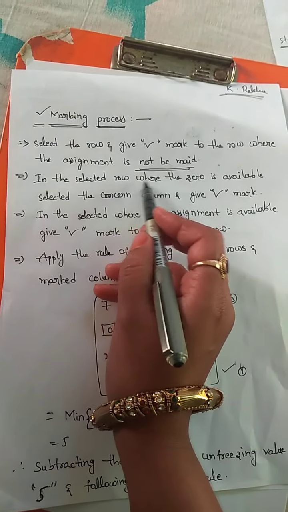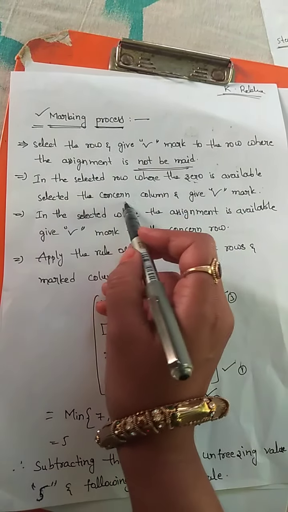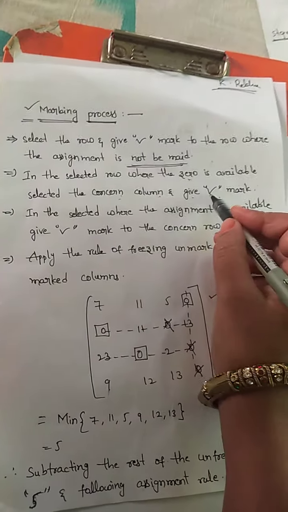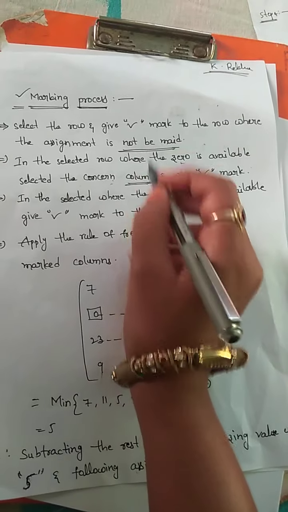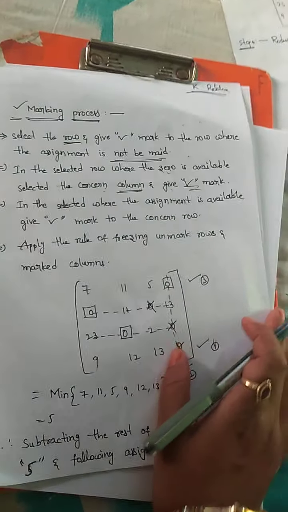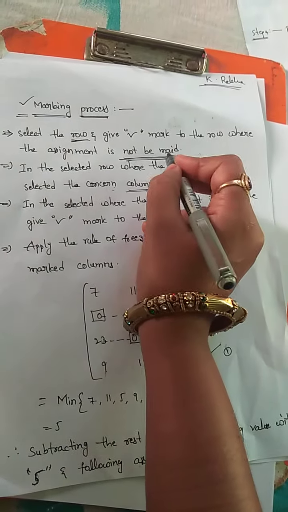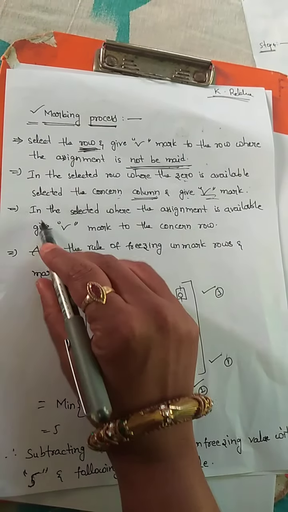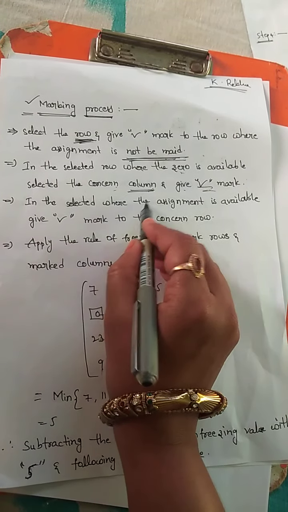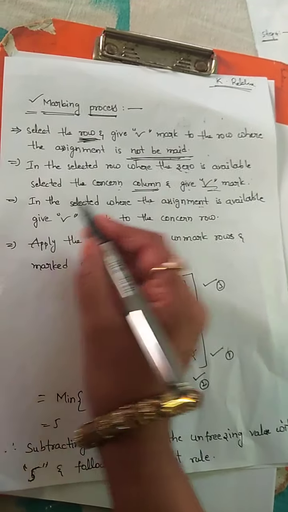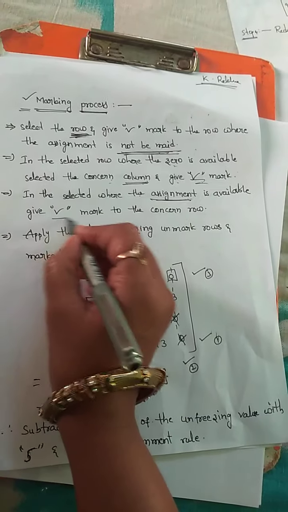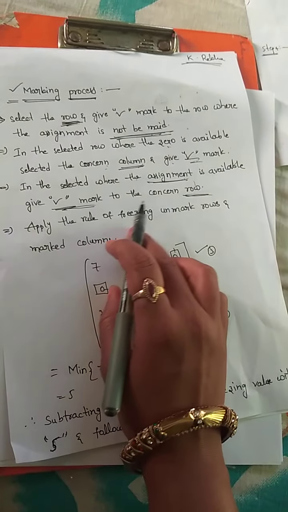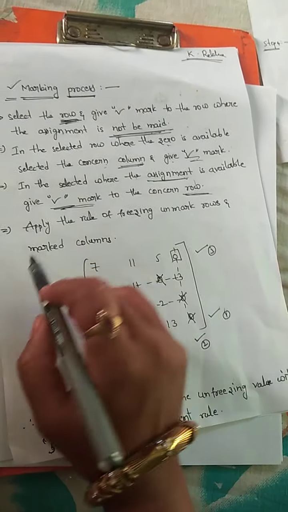Next, in the selected row where the 0 is available, select the concerned column and give a tick mark. Next, in the selected column where the assignment is available, tick mark the concerned row. Then apply the freezing: unmarked rows, marked columns.